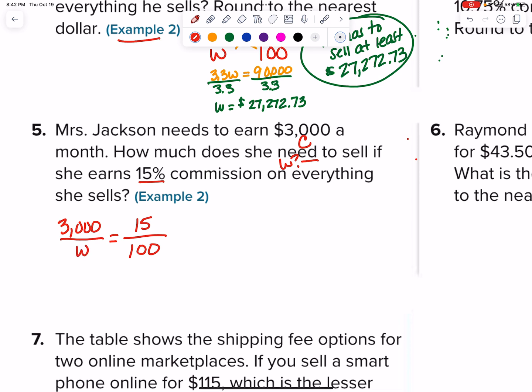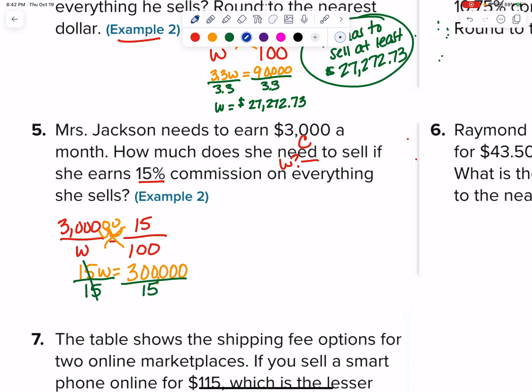And so we don't know our original whole, but we can do cross multiplying to figure that out. So we have 15W equals, 2 swoops to the right because it's multiplying by 100, so we have 3 with 5 zeros. Then let's go ahead and divide by 15, divide by 15, and write our official answer.